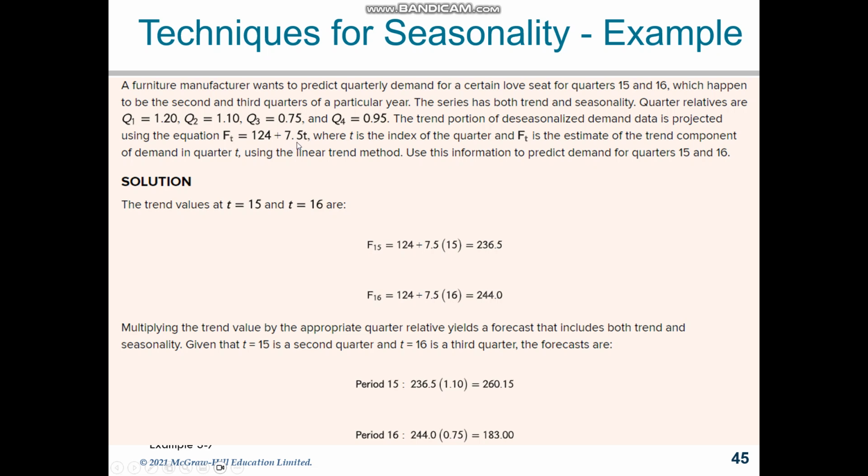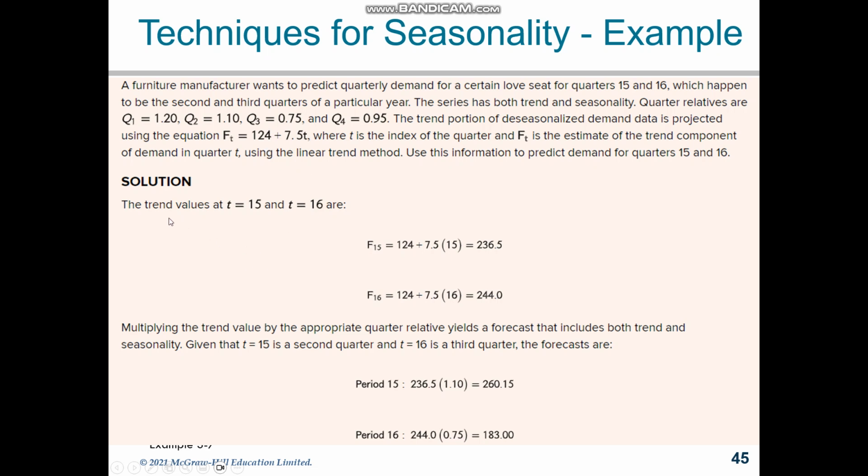Then the forecasted data should be used for reseasonalizing the data. It means that we need to use this linear trend model to forecast the data, and then add the seasonal relative to the forecast.